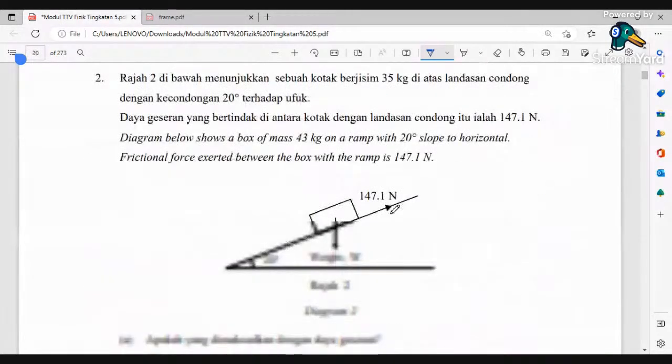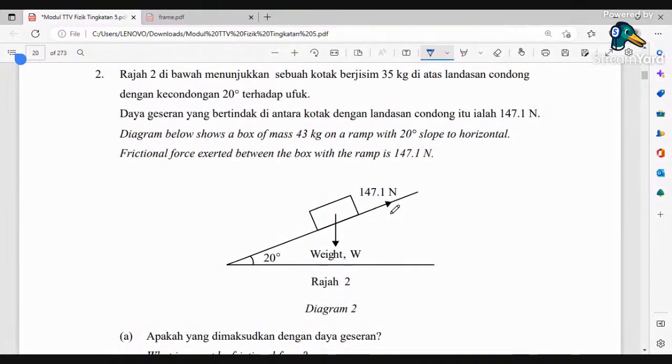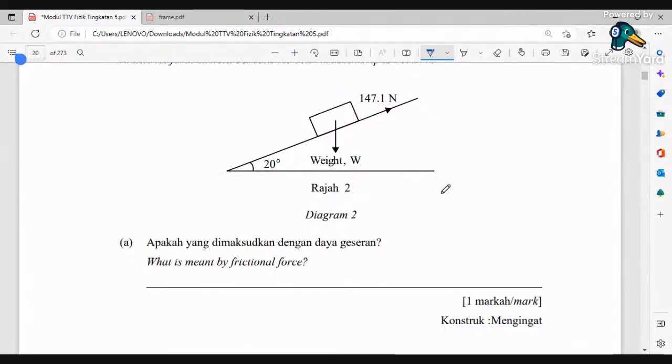Number 2. The diagram below shows a box of mass 43 kg on a ramp with a 20 degree slope to the horizontal. The frictional force exerted between the box and the ramp is 147.1 Newton. The question: what is meant by frictional force?